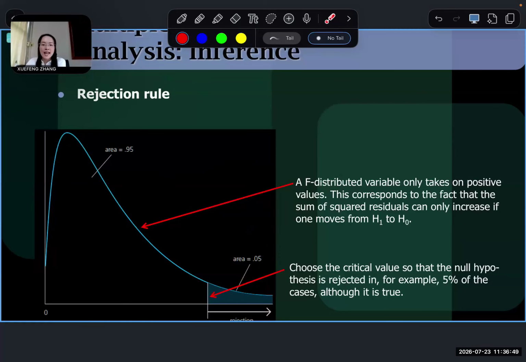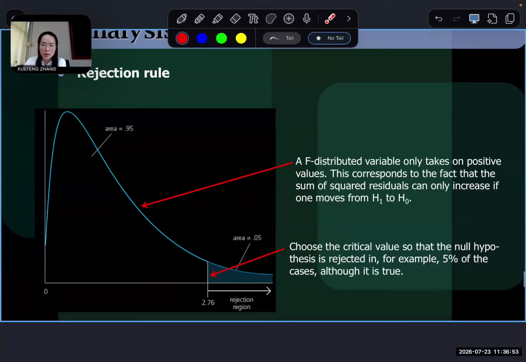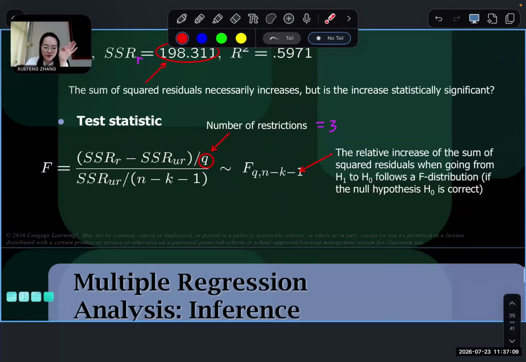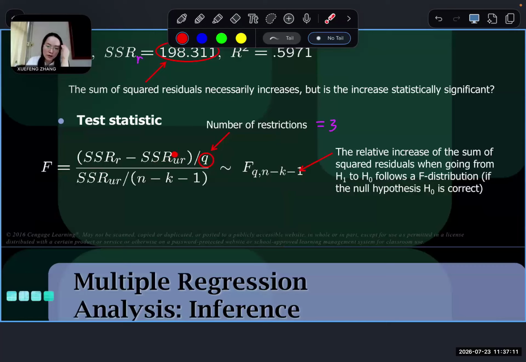Quick look at the shape of this F distribution, and then our rejection rule. Notice that unlike the t distribution, the F distribution is only positive. Makes sense. F is built from SSR increases, and SSR can only go up or stay the same when you drop variables.